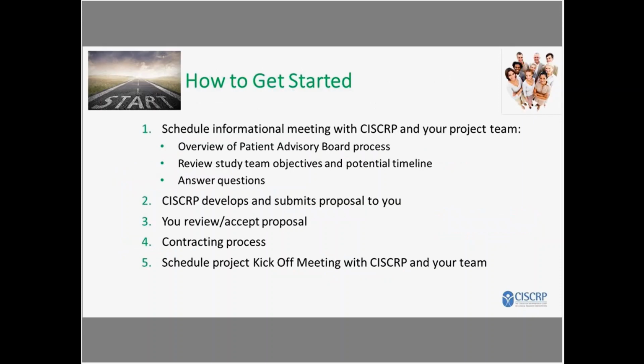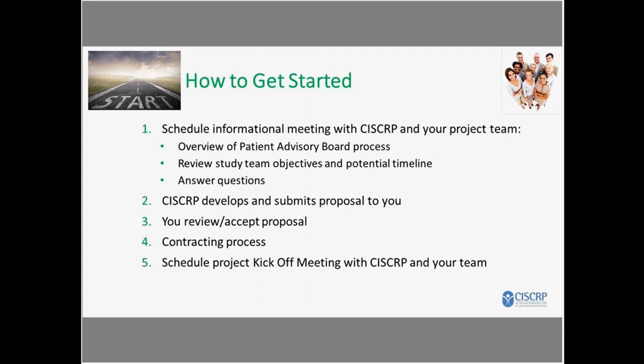Now, I've presented all this information. You may ask yourself, how do I get started? What are some of the key steps to getting a patient advisory board set up within my own organization? The first couple of steps are actually very simple, and like I said, CISCRP supports you throughout the process.